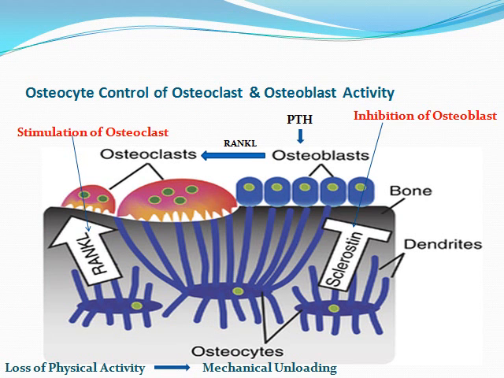And here's another figure which represents the activity of the osteocytes. You can see that the osteocytes with the long dendritic processes interact with both the osteoclast and the osteoblast. The RANKL ligand will stimulate the formation of the osteoclast, and the sclerostin will inhibit the formation of the osteoblast.